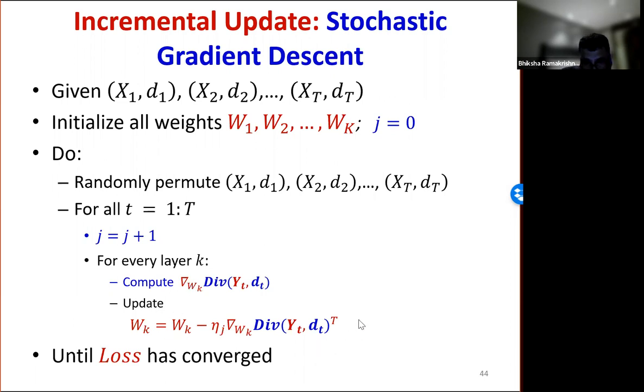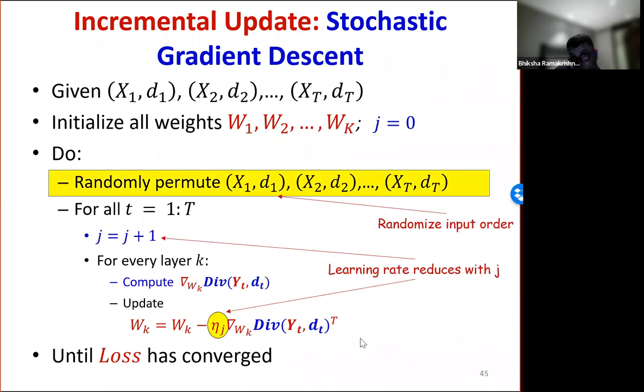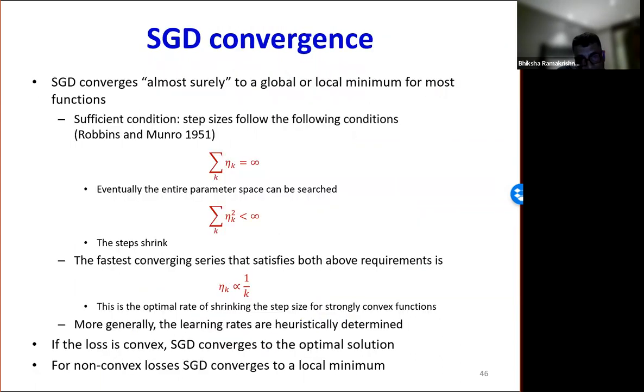And each network parameter is now going to be updated using a gradient descent rule. But this learning rate is now going to be a function of the iteration. And this thing must shrink with iterations. That is more likely to give us a better behaving, converging algorithm.